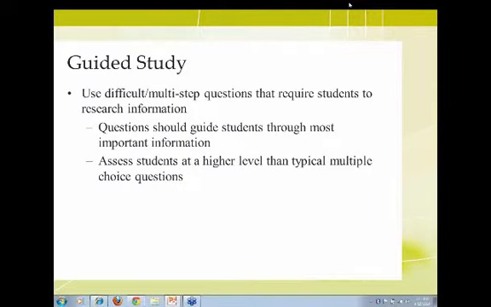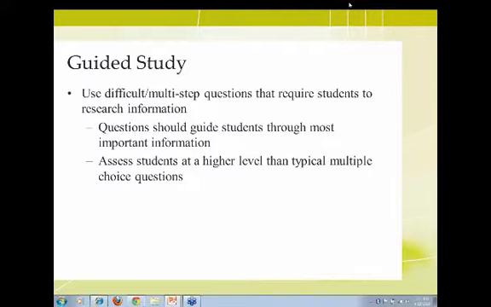But the guided study is really using these difficult multi-step questions, really a case study or a clinical problem set that requires the students to research the information. So while the answer still might be a multiple choice format, I'm not talking about typical multiple choice questions, but really something where you're going to scaffold their learning throughout the question itself.